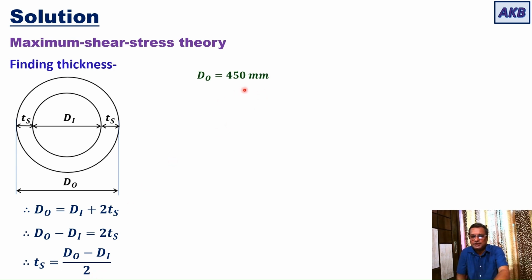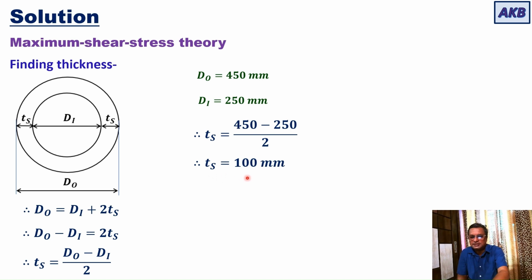Do is 450 mm, and according to maximum shear stress theory, Di is given to us, it is 250 mm. Therefore, ts will be 450 minus 250 upon 2, and that gives us ts as 100 mm. So according to maximum shear stress theory, the thickness of this particular high pressure vessel comes out to be 100 mm.